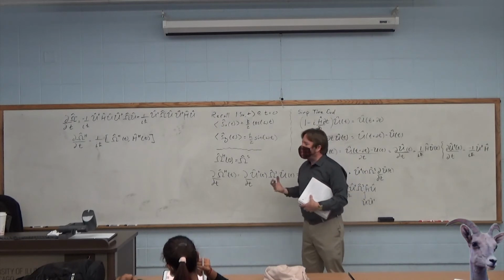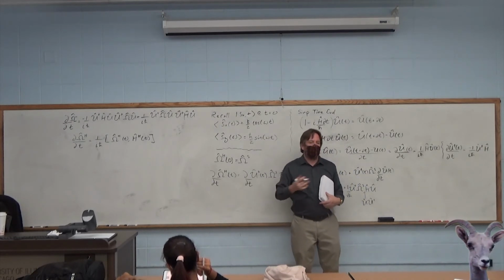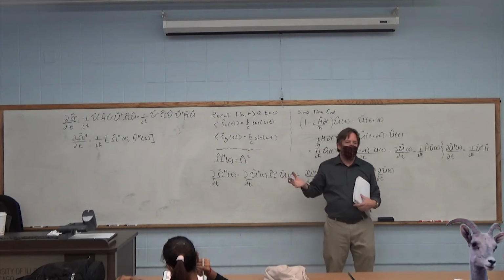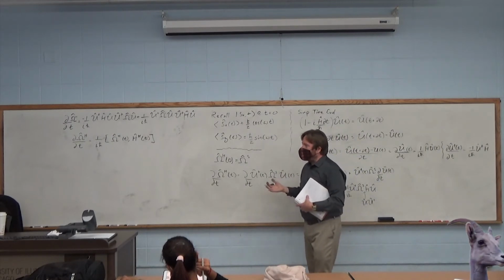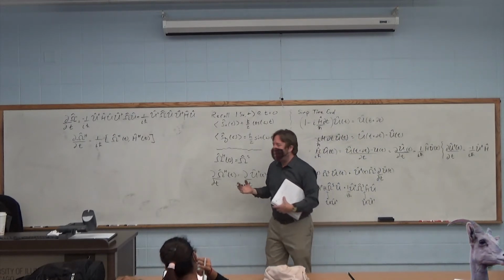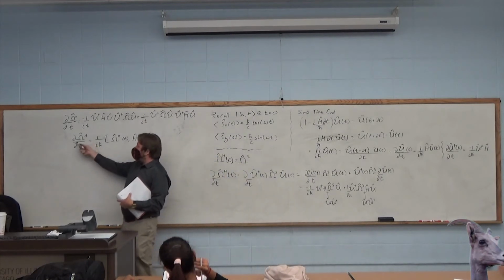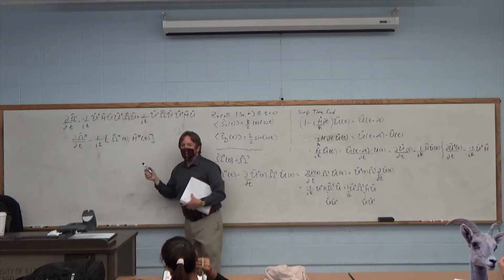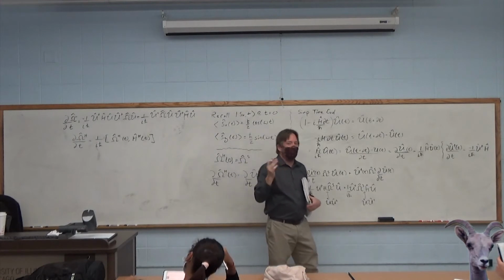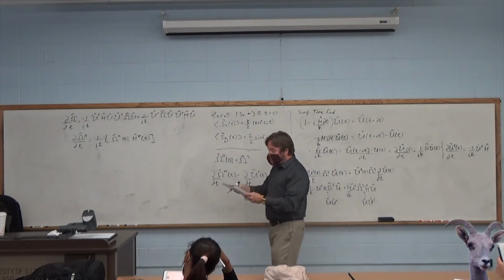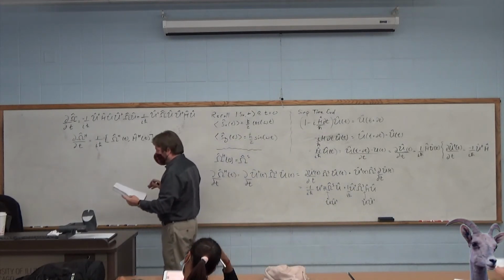Now, operators are often functions. Take the position operator. It's just the letter x. That's a function. But the momentum operator is a derivative. And I've never solved a derivative in a differential equation because what the hell? Yet here we are. So this is kind of a neat thing. A new and neat thing.